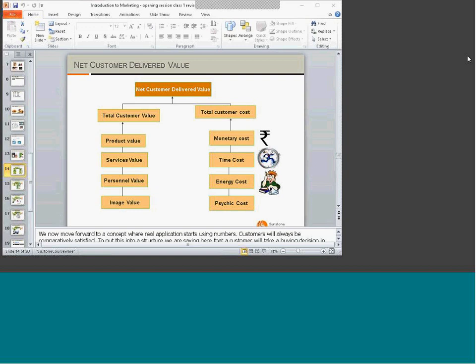Therefore, even when we say 10,000 as monetary cost, let's put the two down: 10,000 on bluestone.com and 10,500 on Tanishq.